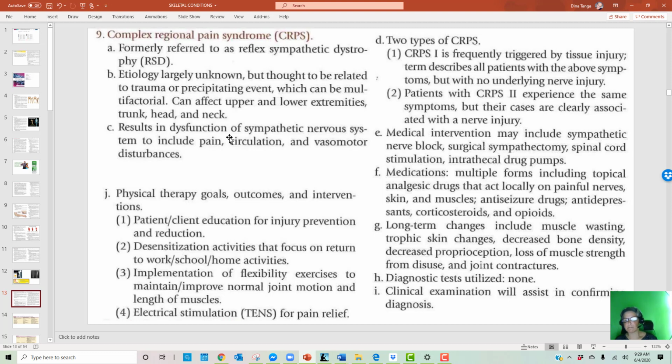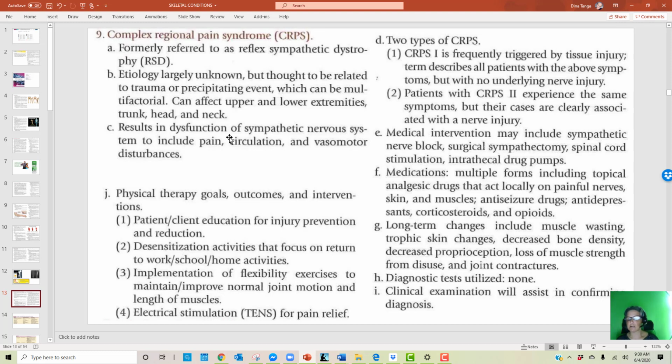Medical intervention may include sympathetic nerve block, surgical sympathectomy, spinal cord stimulation, and intrathecal drug pumps. Medications can include multiple forms, including topical analgesic drugs that act locally on painful nerves, skin, and muscles, anti-seizure drugs, antidepressants, corticosteroids, and opioids.